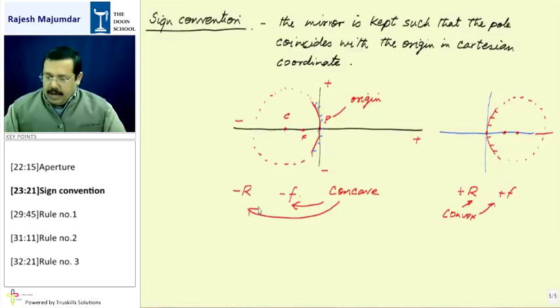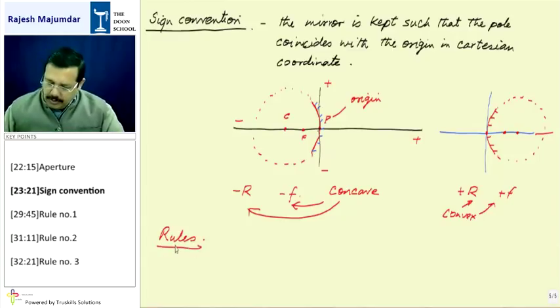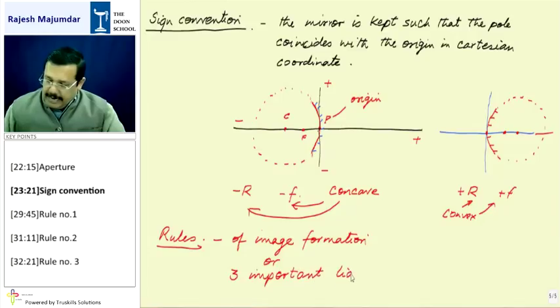Now, how do we draw images? And for images, there are rules. There are 3 rules, and they are called rules of image formation, or 3 important light rays.